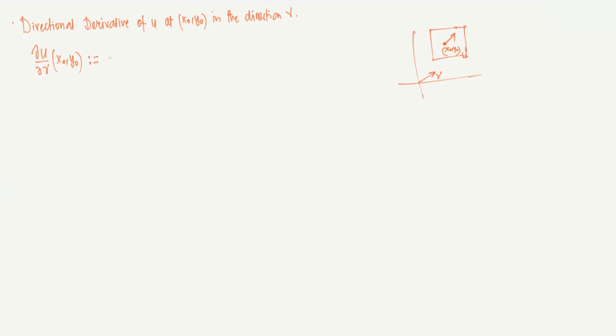It is defined as the limit as t tends to 0 of u of x naught y naught plus t times the direction gamma, minus u of x naught y naught, divided by t. Gamma direction is given as a vector, so it is gamma 1 and gamma 2.